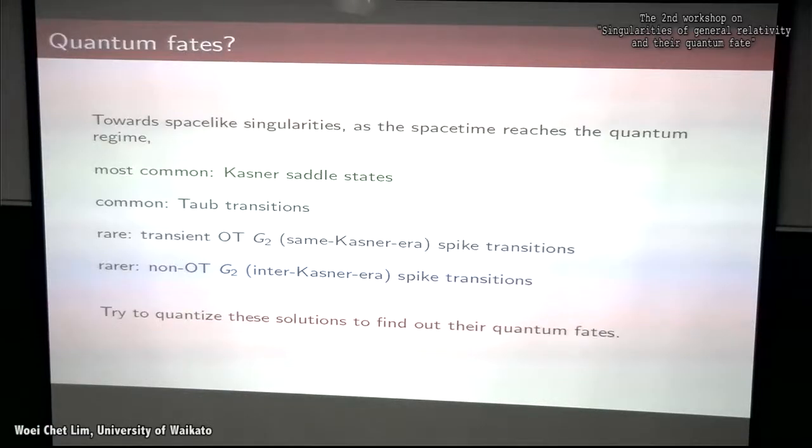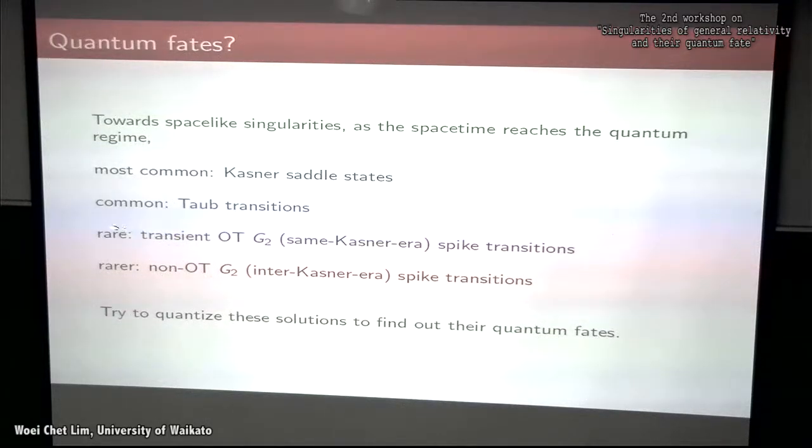So I'll end here by summarizing the kinds of states or spacetimes that we see as the spacetime reaches the quantum regime. So you take a cutoff time at the quantum, say Planck time. The most common state you would see in the BKL regime is a Kasner state. The next most common ones are the Bianchi II or Taub transitions.